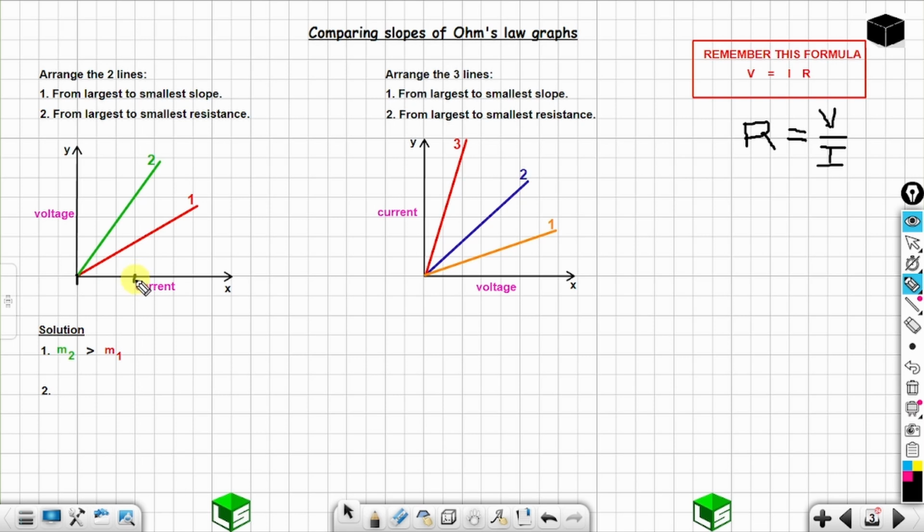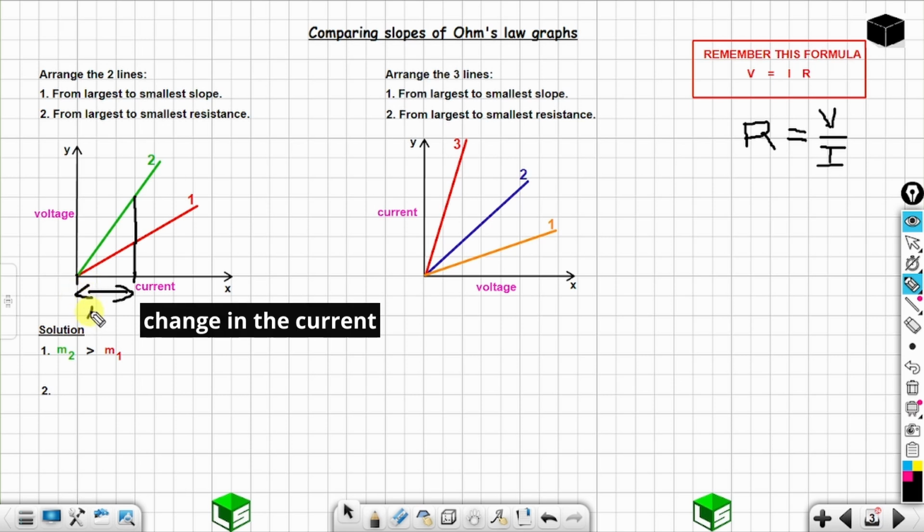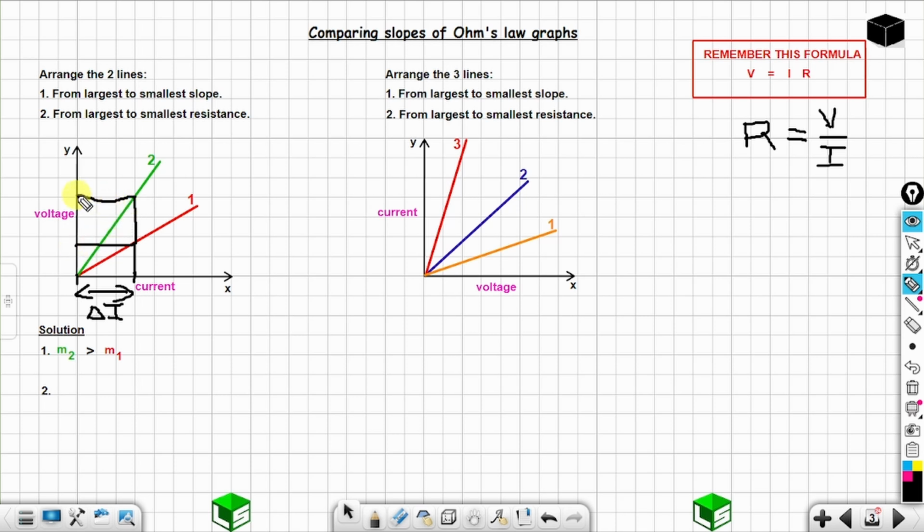We are going to maintain the same change in the current for both lines. Now we are going to compare the voltage for both lines. The larger the voltage, the larger the resistance.